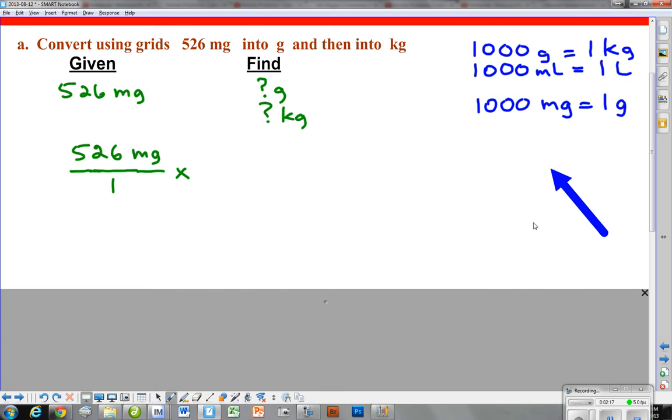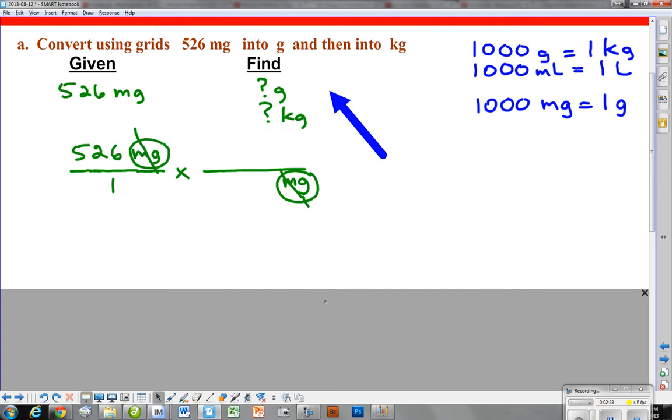So the next thing I want to do is realize that I'm going to have a second fraction. I'm going to have milligrams on the bottom of that second fraction. And the reason for that is that I will be able to cancel milligrams and hopefully have the unit that I'm looking for, which in this case is grams, as the other number.